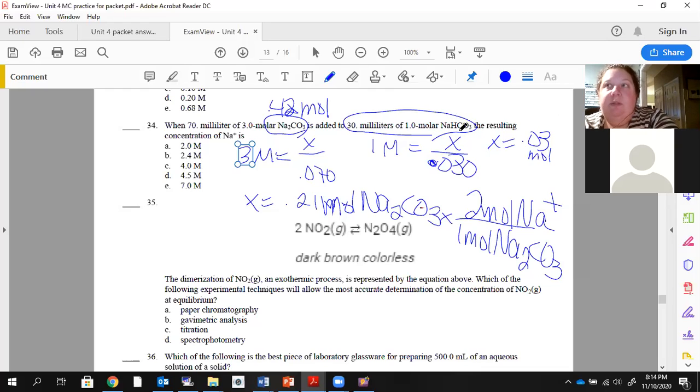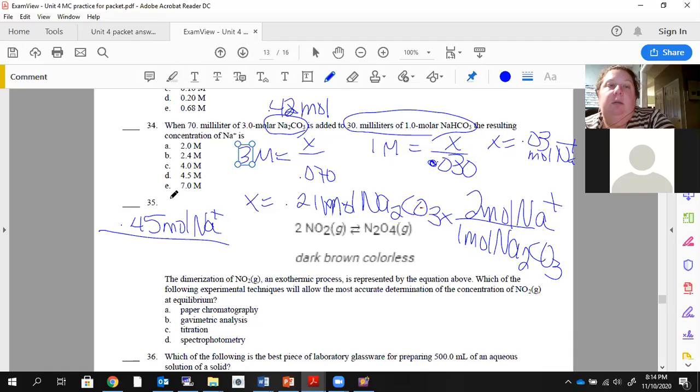In 1 mole of that sodium hydrogen carbonate, I only have 1 mole of sodium ions. So I also have that many moles of sodium ion. I'm going to add those two together. So 0.42 plus 0.03 gives me 0.45 moles of sodium ions.